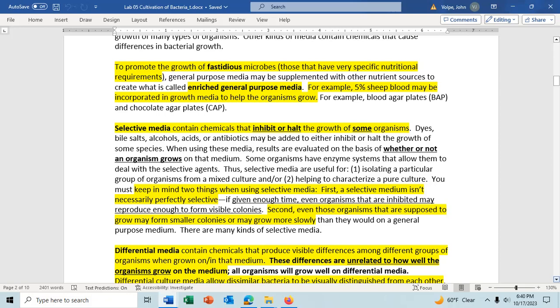And second, even the organisms that are supposed to grow on the selective media may grow slower on the selective media than they do on a general purpose media. Any questions about any of that?